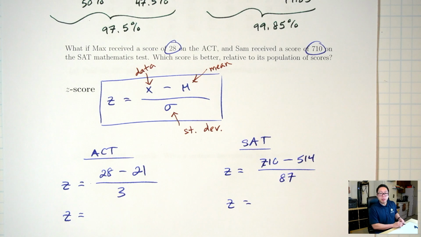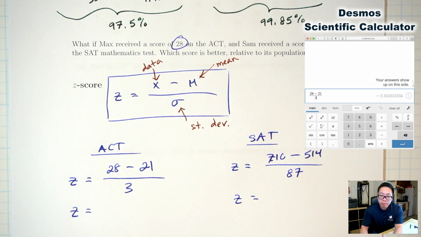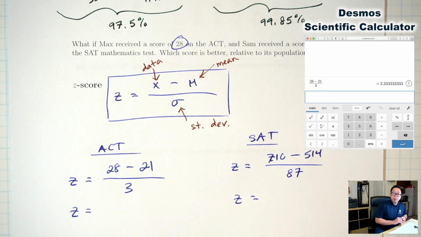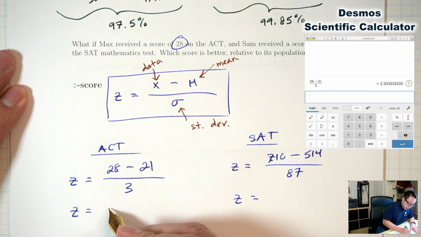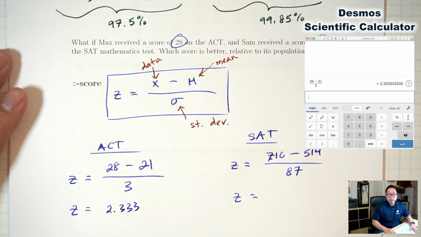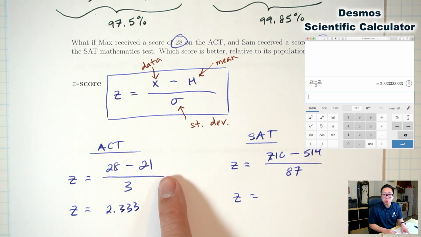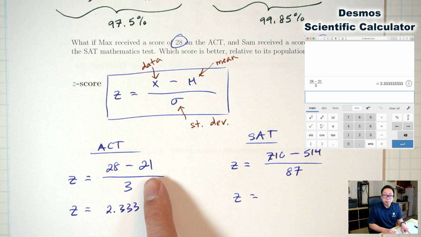Okay, so let's calculate these on a calculator. 28 minus 21 over 3, rounded to 3 decimal places, is 2.333. Okay, so if you're using the decimal scientific calculator, just type it in exactly like that. So 28 minus 21 on top, 3 on the bottom.